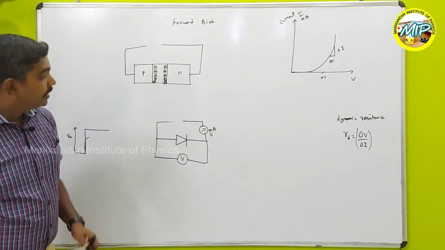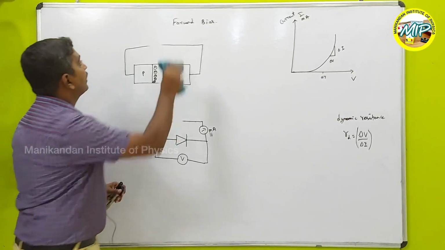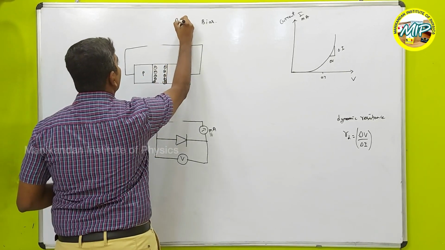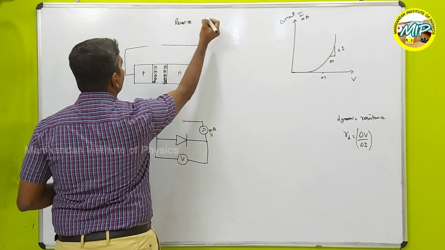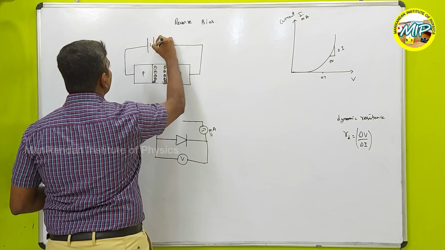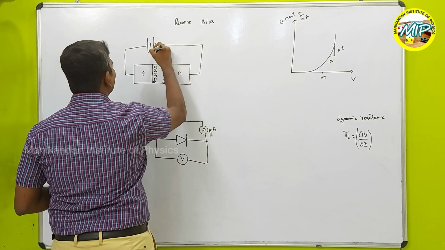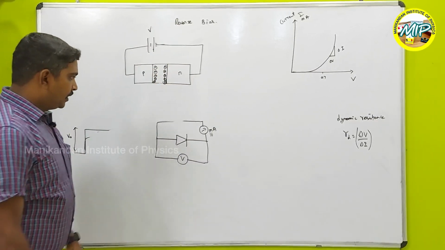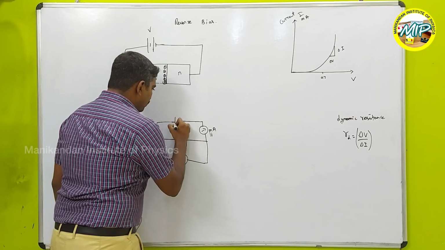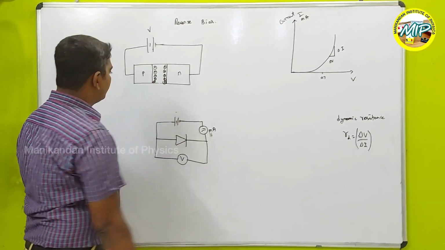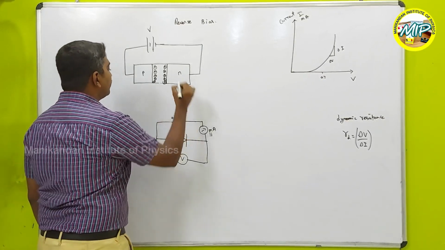Okay, for the reverse bias, I am using a high potential, no problem, it's my applied potential V. Here this is my positive terminal, this is my negative terminal.